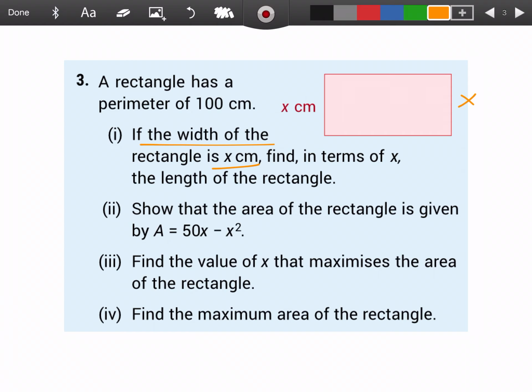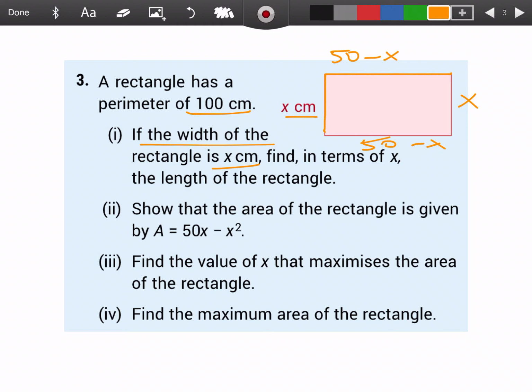There are a couple of different ways I can do this. I could say this side plus this side is equal to 50 because it's half of the perimeter, and the perimeter is 100. So if this is x, then this side has to be 50 minus x, which means that would be 50 minus x as well.